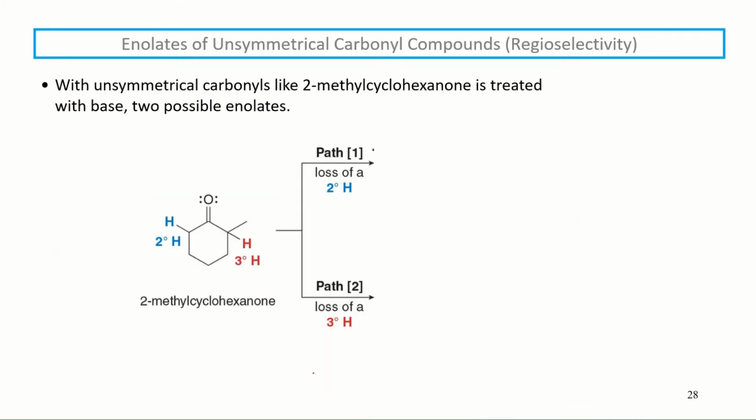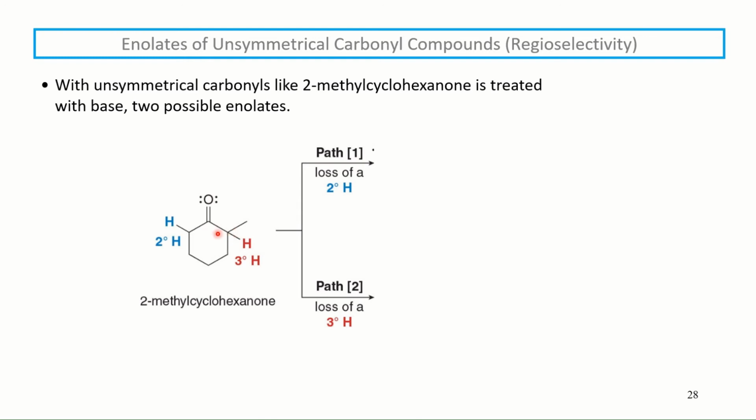If we have an unsymmetrical carbonyl, in this case 2-methylcyclohexanone, there are two possible pathways. We can go via this proton, which is on a secondary carbon, or we can go via this proton, which is tertiary.